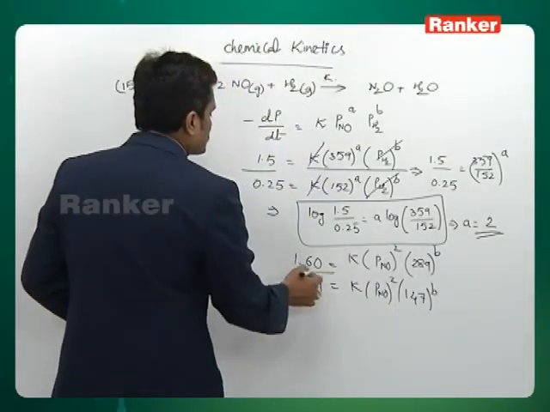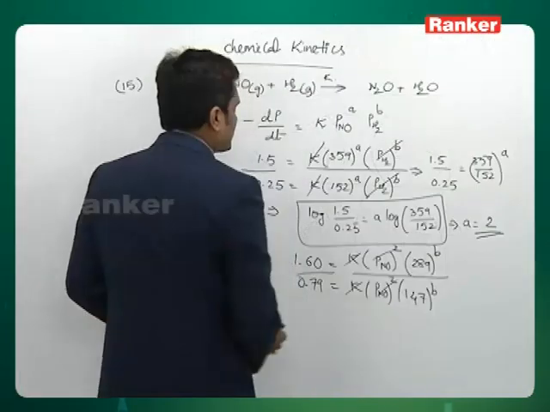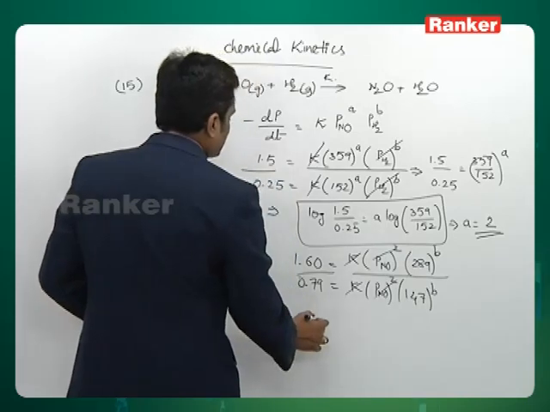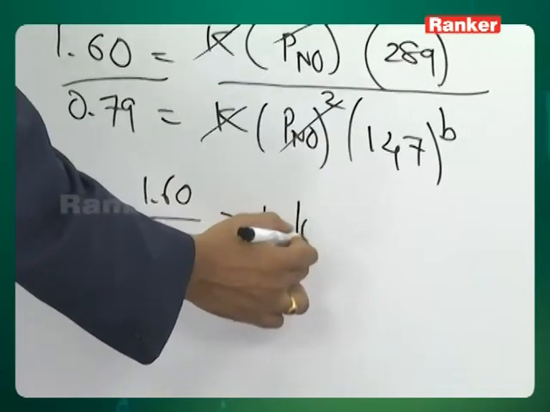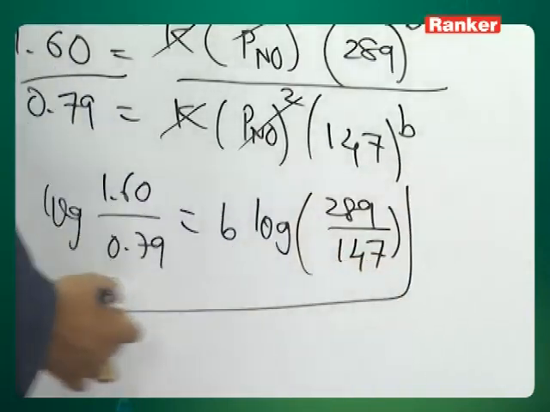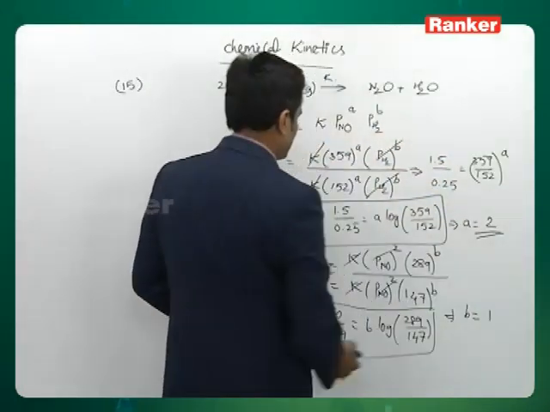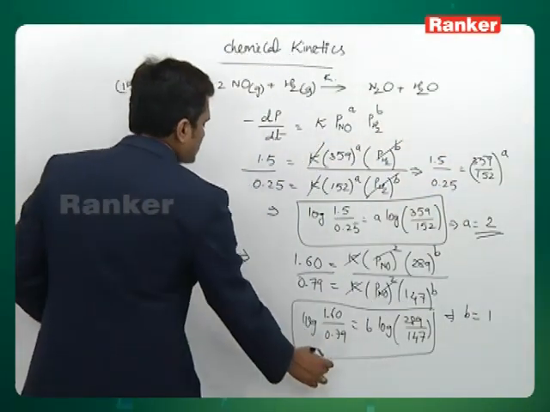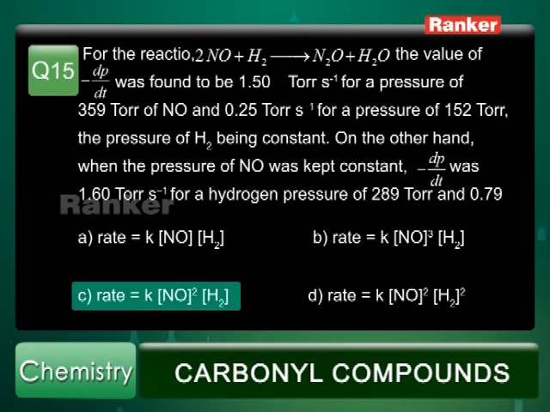Now when I have got these two equations, once again I will be dividing them, wherein the entire term gets cancelled, and once again I will be using the logarithm to get the value of B. Simplification of this equation, calculation would fetch us the value of B, which is obtained as 1. So therefore the answer for this question is option C, where the orders are calculated.